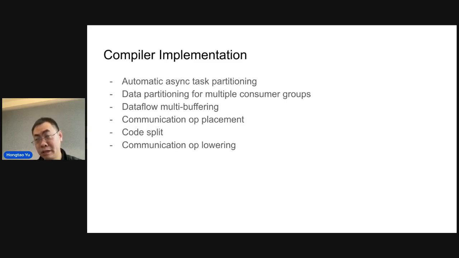If we really want multiple tasks to run that, we need to figure out which part of data they are going to work on. And for producer and consumer, we support multi-buffering so that the producer does not necessarily have to be blocked by the consumer. It can move forward with additional buffers. And synchronization primitive operations placement, and actual code split and lowering is pretty much the infrastructure we were building.